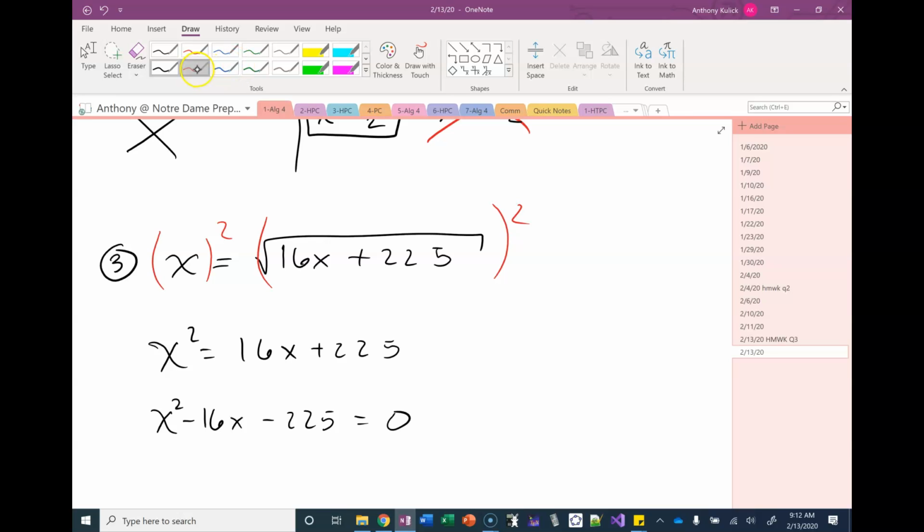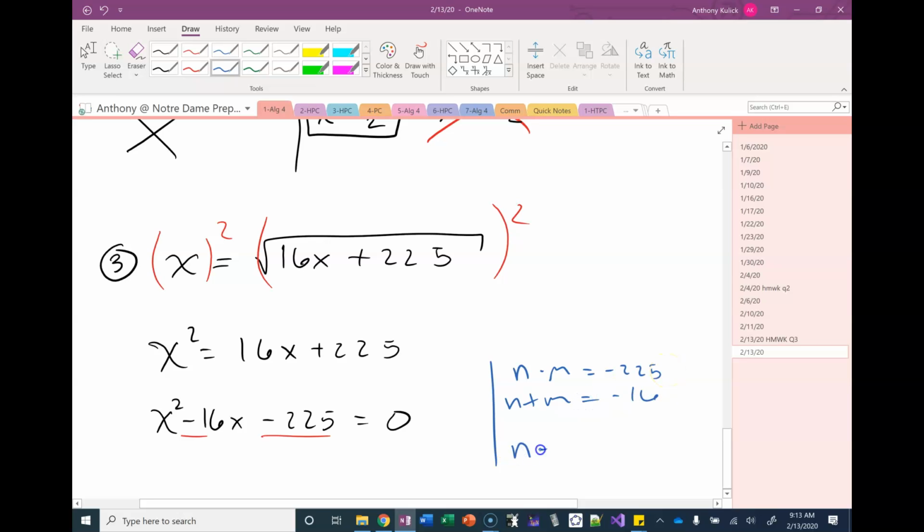So what I need to do, if I want to solve this by factoring, which is what I did when I solved it, you could have used the quadratic formula too. That would have been fine as well. Is find two numbers that multiply to give me negative 225 and add to give me negative 16. Those two numbers are negative 25 and positive 9.